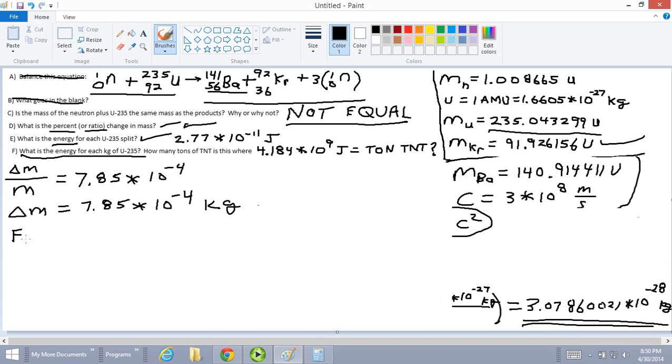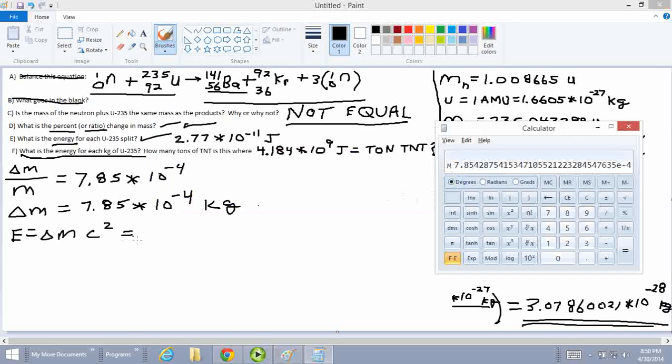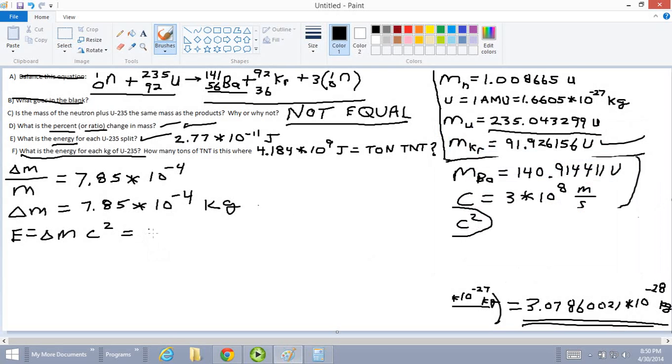The energy is delta M c squared. We've got the number in our calculator. Multiply that by 3 times 10 to the 8th and squared equals 7.07 times 10 to the 13th joules. A lot of joules.